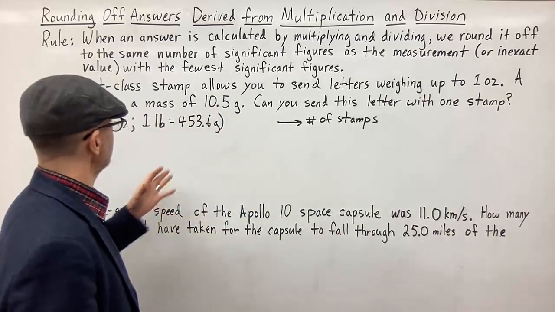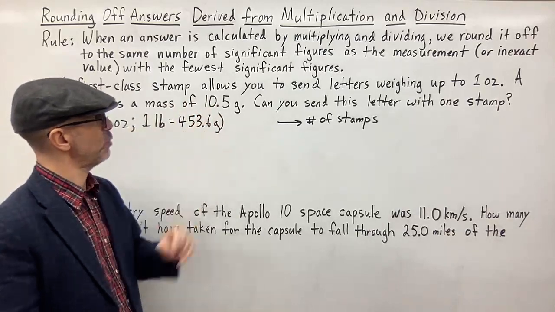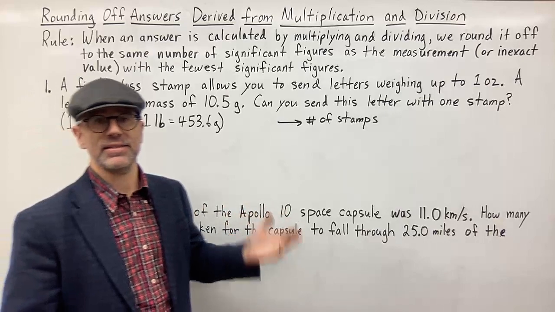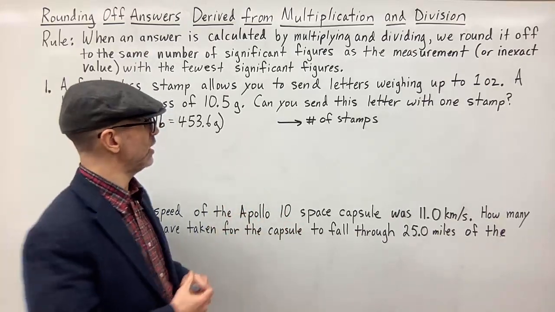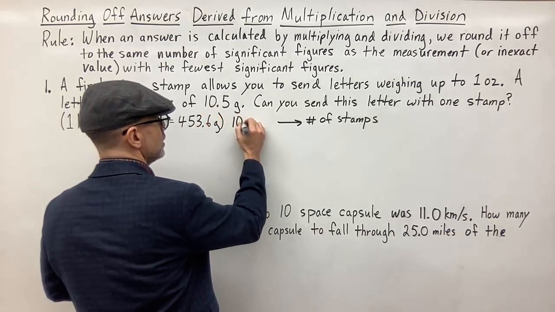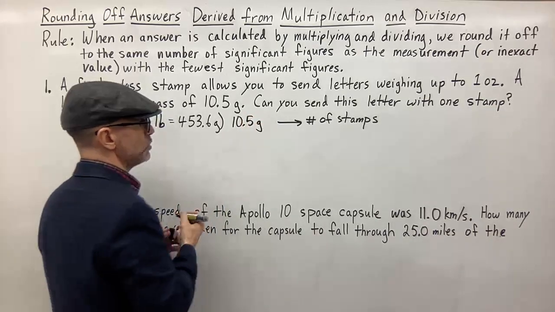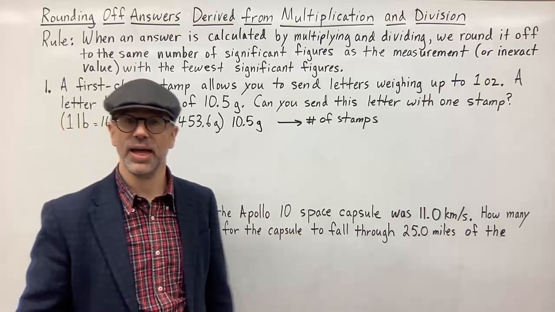The only other thing they give us that doesn't really match up with anything is this 10.5 grams. So we have a particular letter and it has a mass of 10.5 grams. So we're going to start with that. So we want to convert the mass of this letter in grams to the number of stamps that we need to mail that letter.